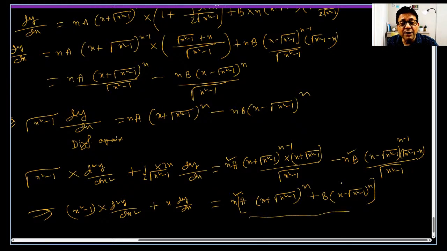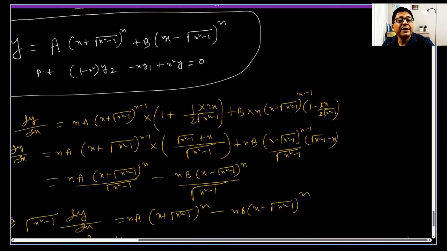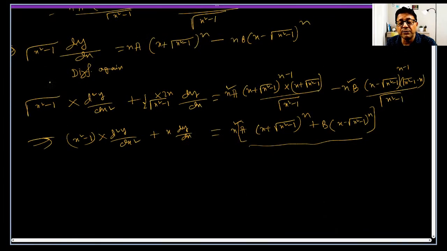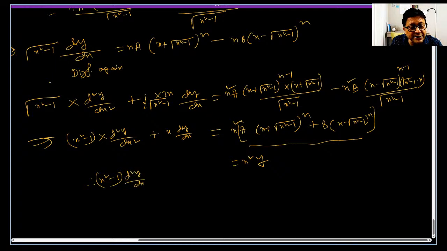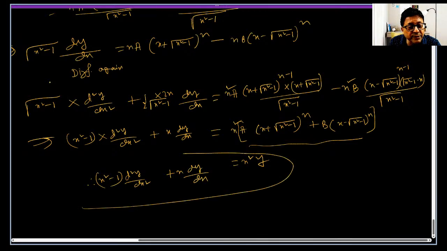So this you now replace by what? You have taken this one as y, so replace it by y. Therefore x square minus 1 d square y by dx square plus x dy by dx minus n square y equal to 0. Understood? I hope I am able to explain all the kinds of sums you expect in second order derivative. You start practicing from your book. I hope you will be able to do all the sums. Okay? So with this sum, I am ending the session.